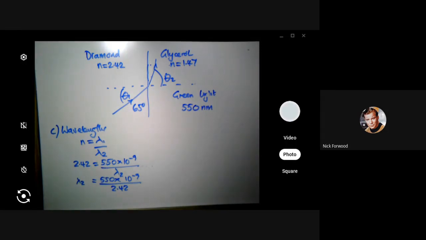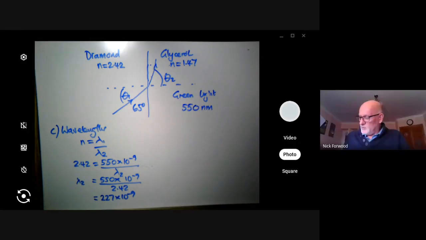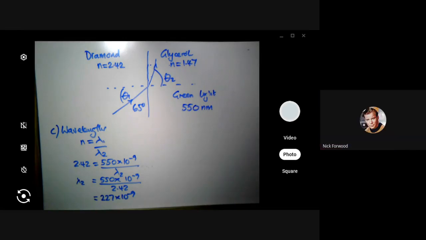And we're going to get an answer of 227 times 10 to the negative 9. It will be 2.27 times 10 to the negative 7 meters on your calculator, but it doesn't really matter there.